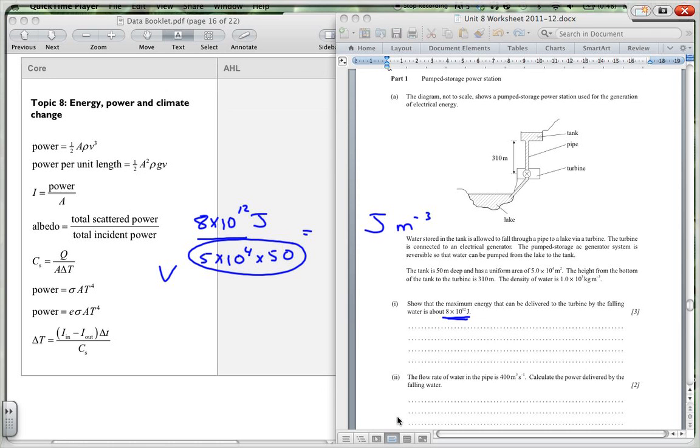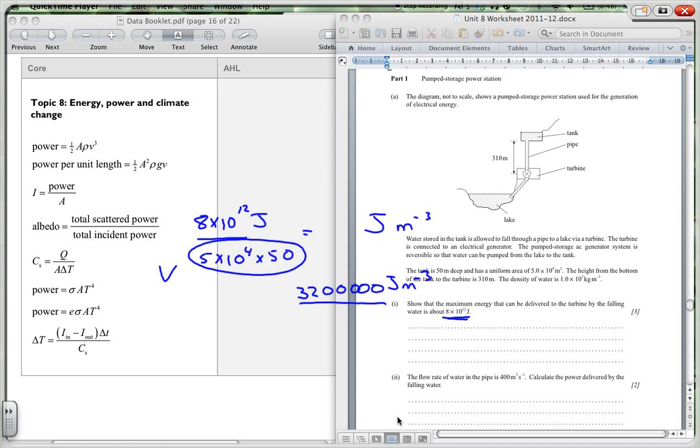So I get 8 exponent 12 divided by 5 exponent 4, and I need to put that in brackets, and I'm going to times that by 50, and we get a value for this of 320,000,000, and that's joules per meter cubed.